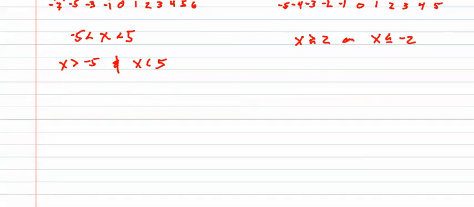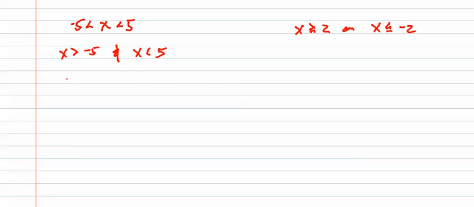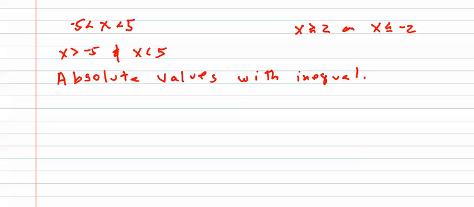So when we're solving absolute values with inequalities, the first thing we're going to do is isolate the absolute value, just like we did before.